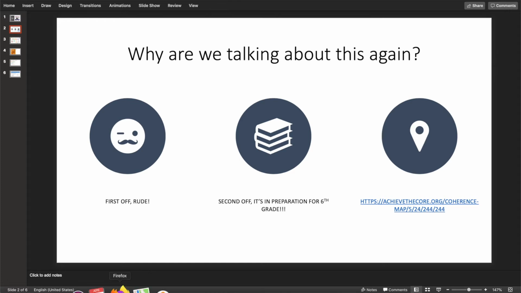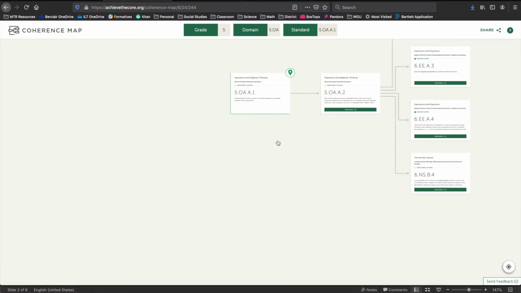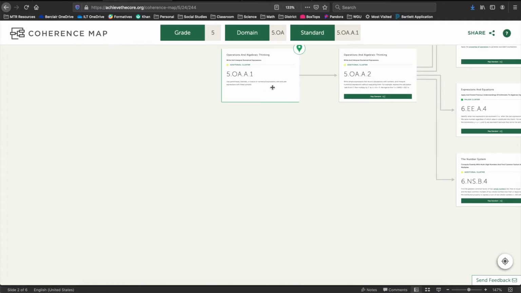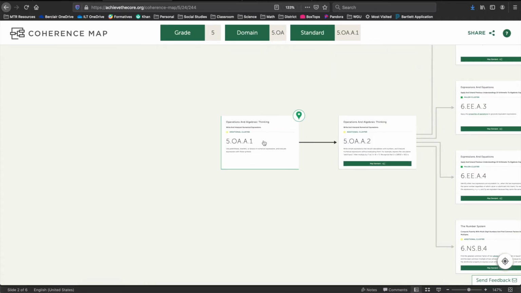So let's take a look now at really the why behind we're doing this. If you see here, let me zoom in a little bit. This is the fifth grade standard. In other words, when we talk about order of operations and being able to use it successfully, this is some teacher language here: order of operations, algebraic thinking.